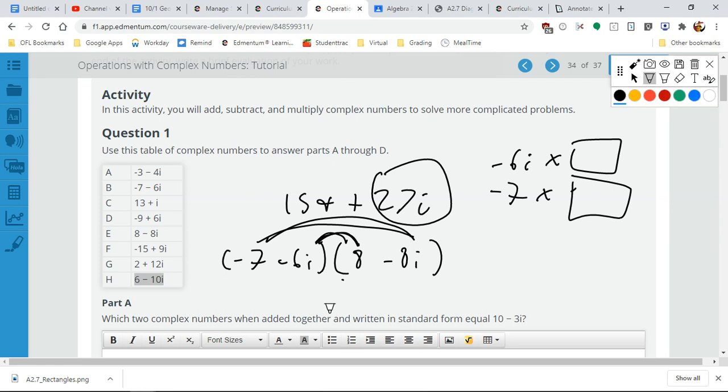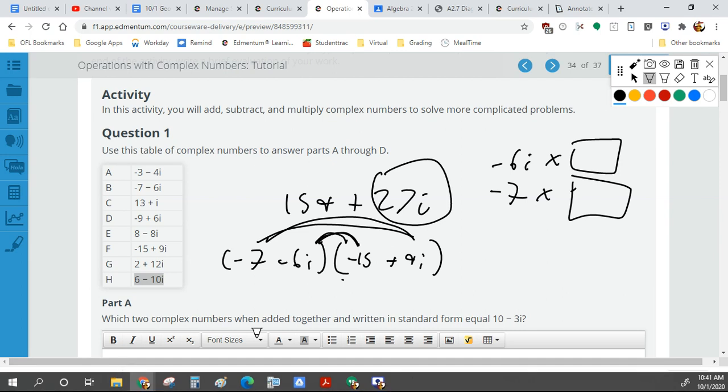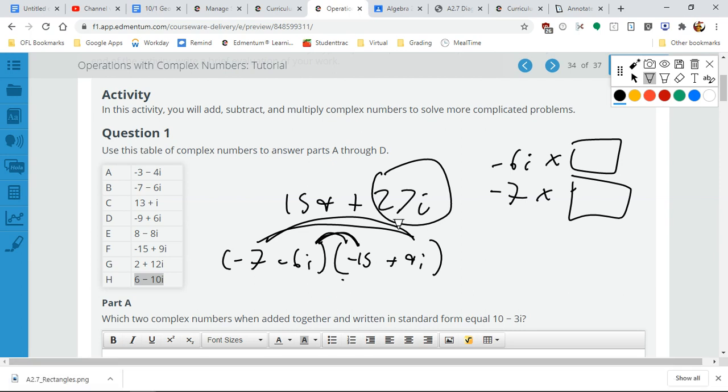Then we're going to try 15. I feel like that's too big, but it's worth a try. Negative 15 plus 9i. This is going to give us... Ooh, I don't know why my mind went blank. 90. Duh.